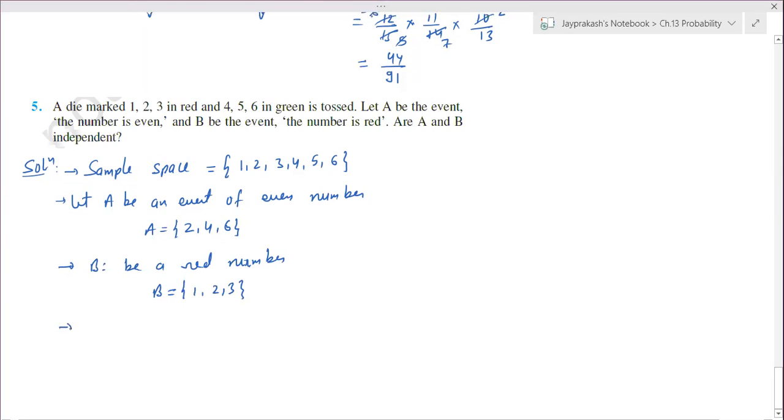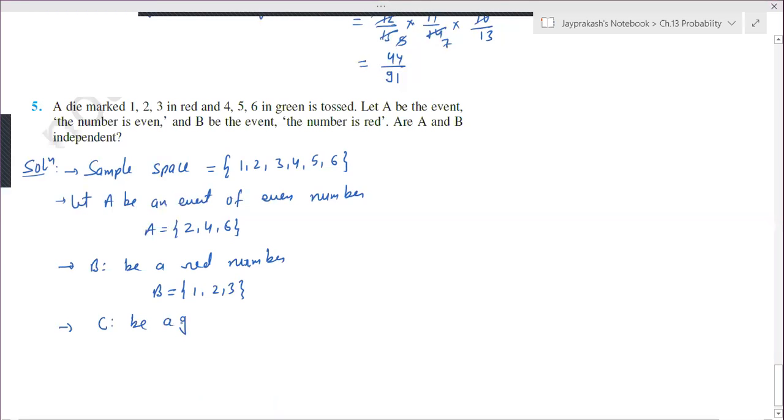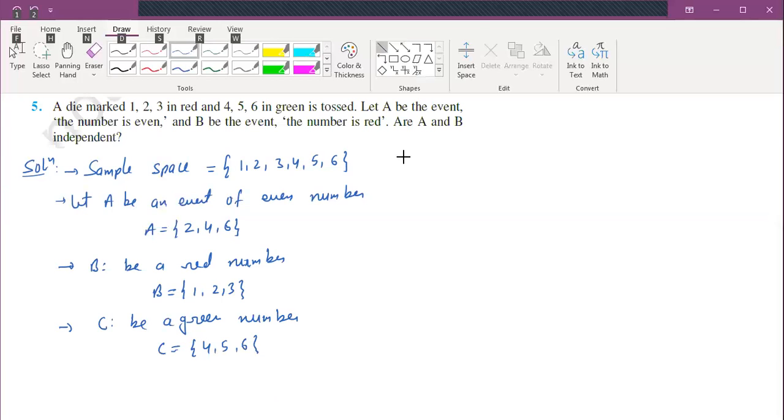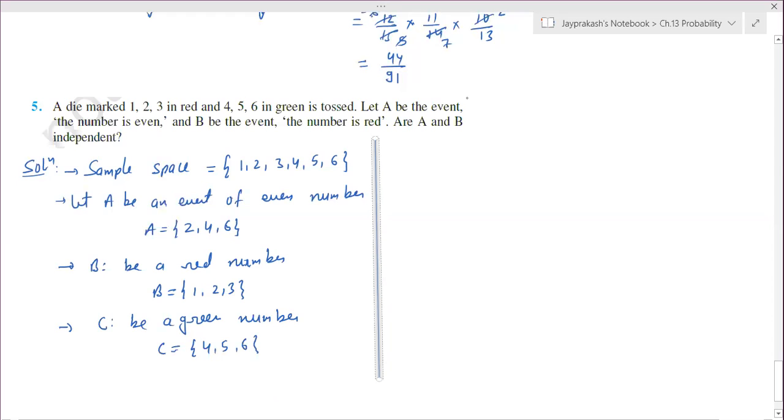Now let's also consider that C be a green number, so that are written in green: 4, 5, 6.